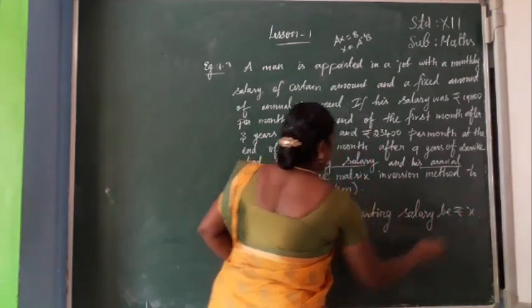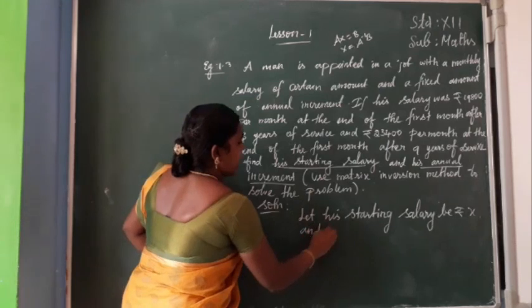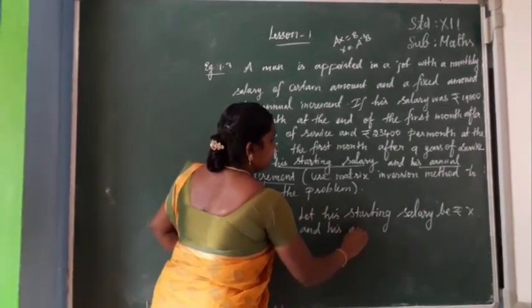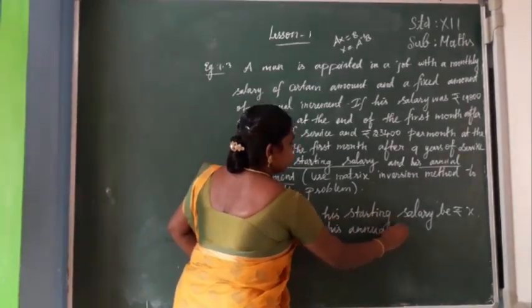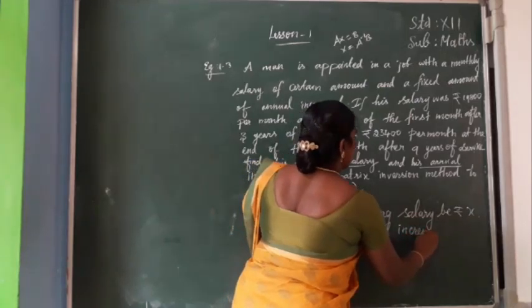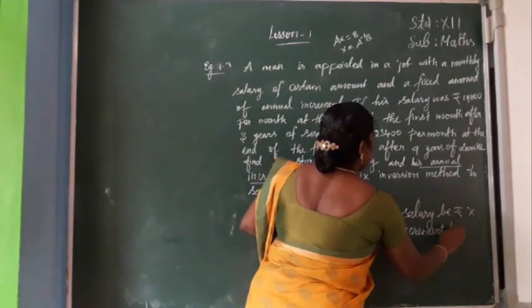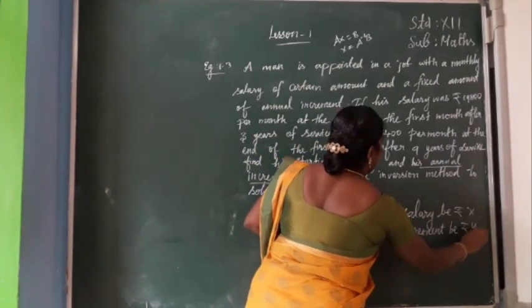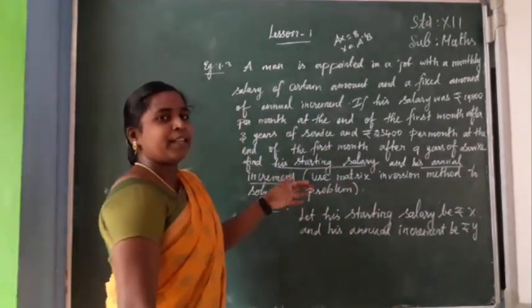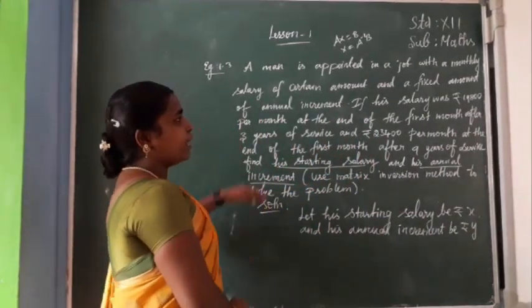Let me say that these are unknown. We want to find the values of x and y. Now you read the condition.